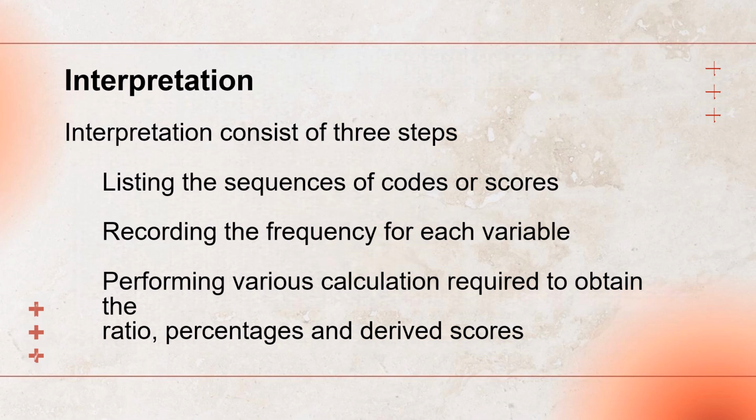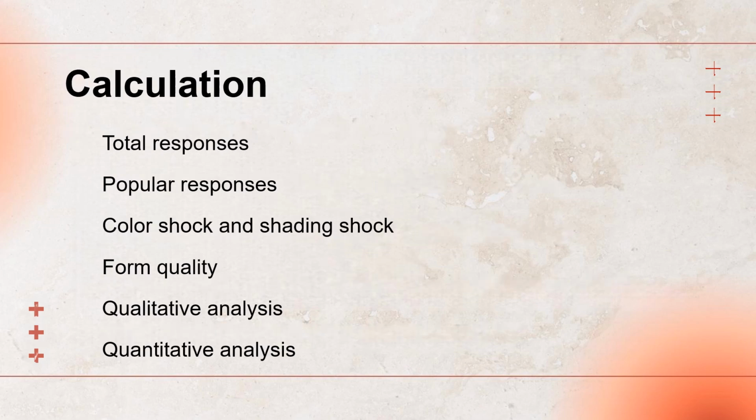Then reading the frequency of each variable, and performing various calculations required to obtain the ratios, percentages, and derived scores. Calculations are based on total responses, popular responses, color shock and shading shock, form quality, qualitative analysis, and quantitative analysis. This has to be done after you have all the data for it.